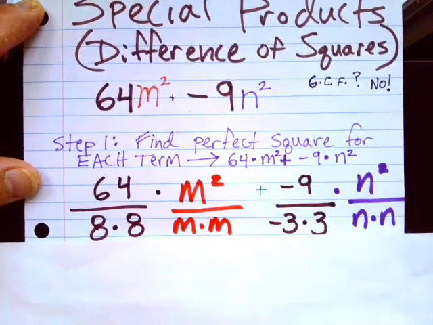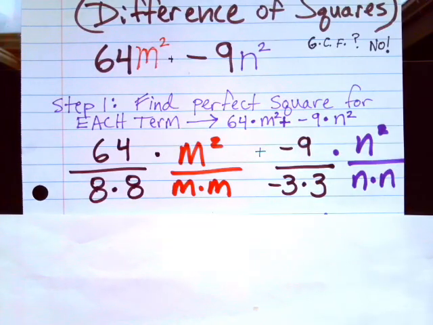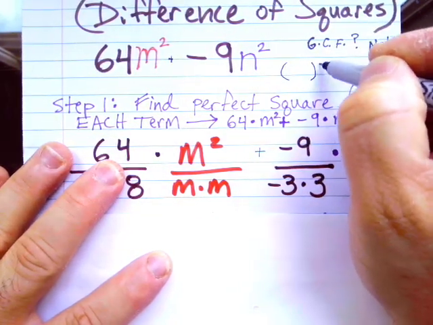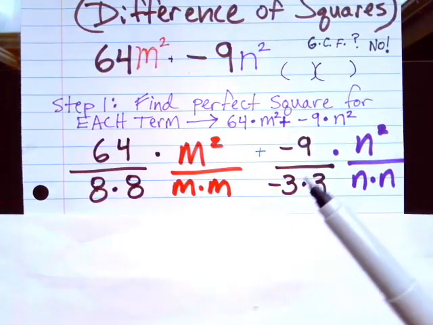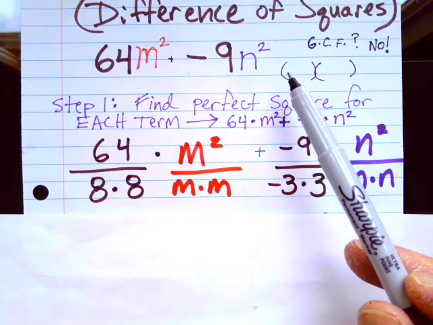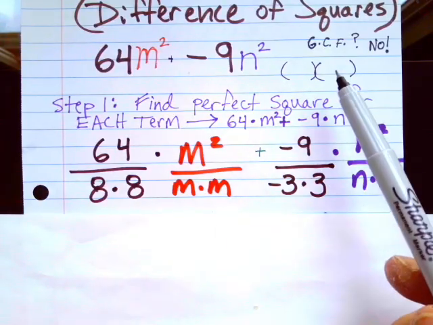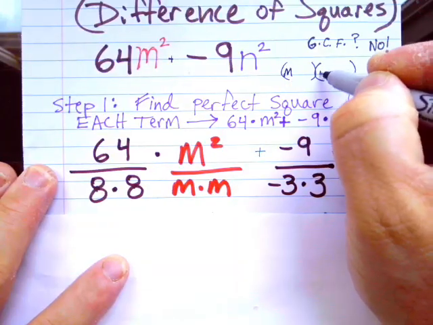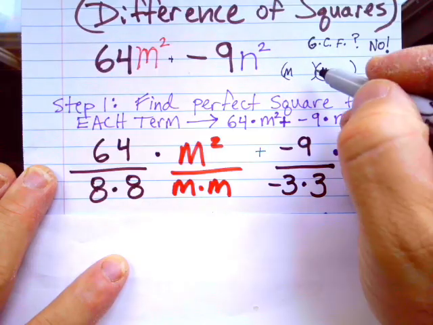Another thing I want to remind you when we're factoring, most of the time, you're going to want to put these into parentheses. And remember, usually we're using x's or y's, but we're going to say m times m. M times m is m squared, and n times n is n squared.